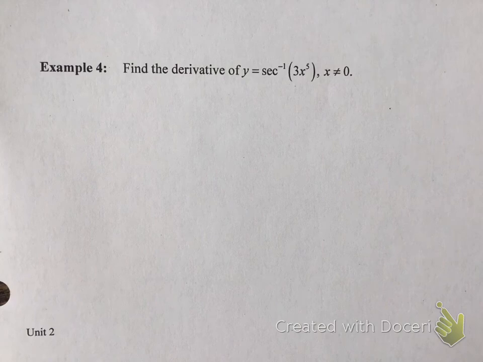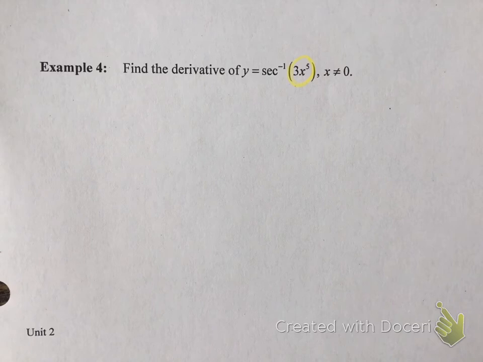So example number 4 says find the derivative of y equals inverse secant of 3x to the 5th. So this is complicated because my inside function is not just x, so I know I have to use the chain rule on this. So I'm going to go ahead and write the rule first.